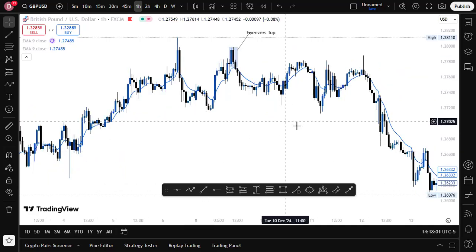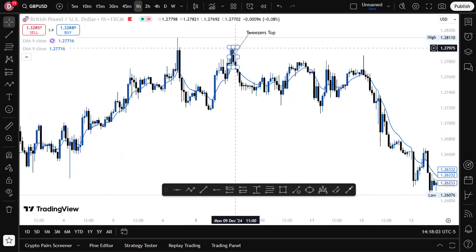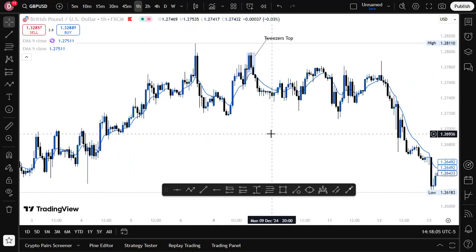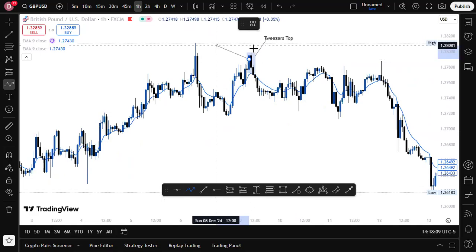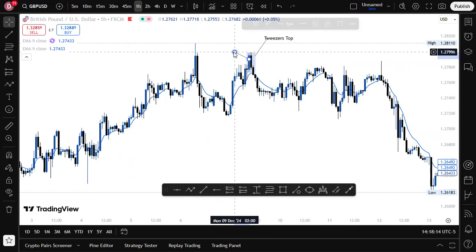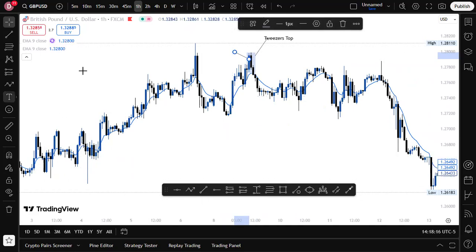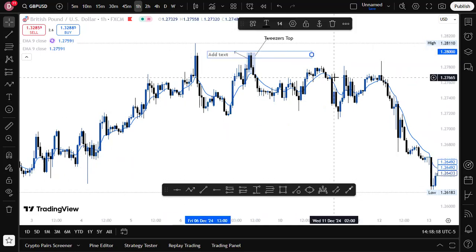This is an example of a tweezer top and it occurs at the top of an uptrend. Now the first candle, for a tweezer top, is the bullish candle. So this is the bullish candle. It just depends on how you decide to set the color of your chart. This is how I decide to set my own.